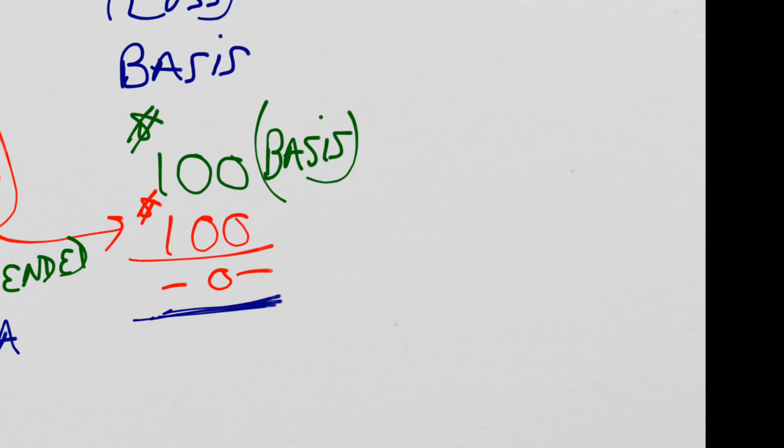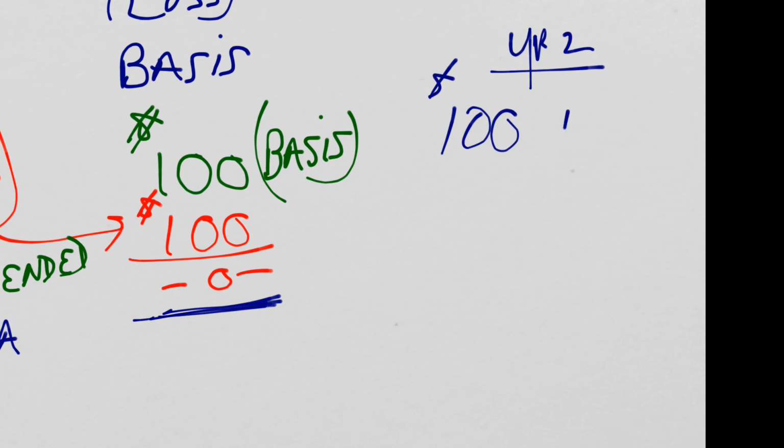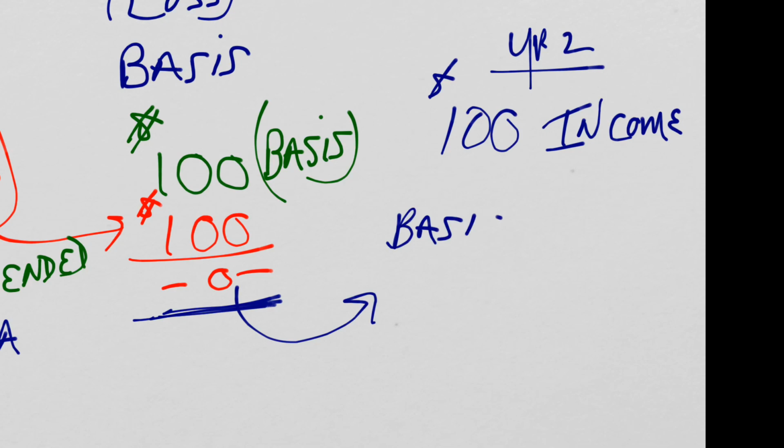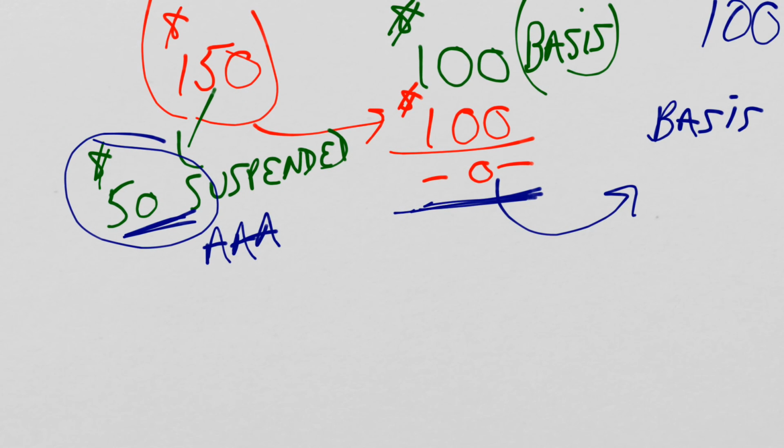so that if in the next year, let's do it this way, year 2, if in year 2 they have income of $100, well, how does that work with the formula with basis? Well, it adds to basis, so now you have basis of 100. I'm sorry, the AAA account would have shown a suspended loss of 50 back in this example.